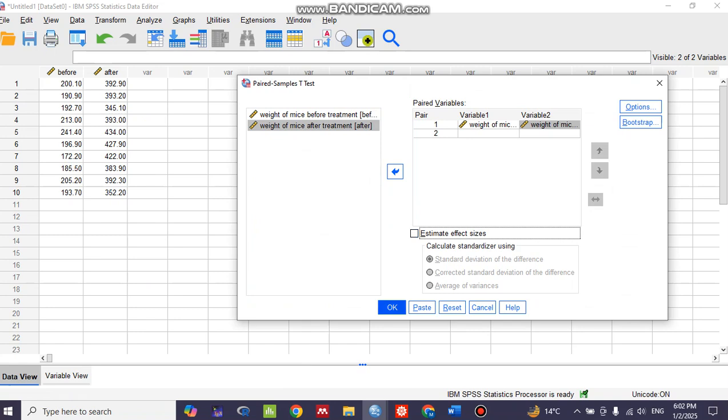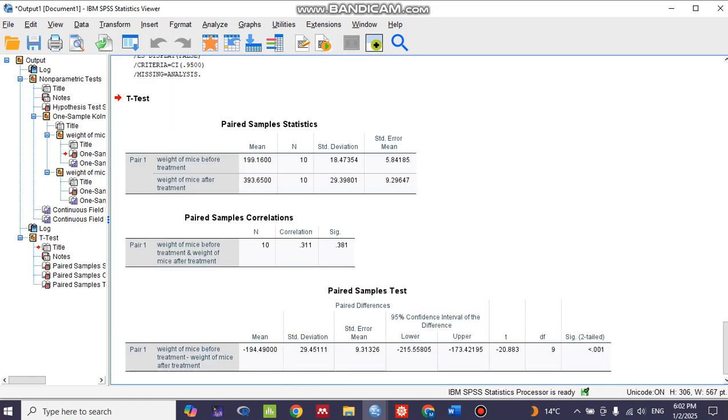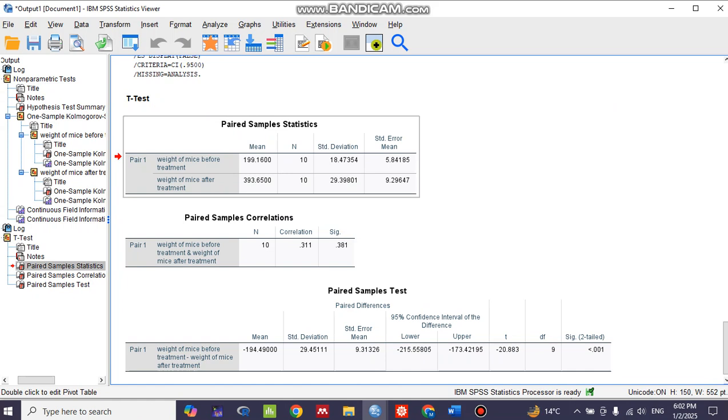So I press OK. So these are the outputs for paired sample t-test. The first table gives you the summary of the data: the average weight of the mice before treatment was 199 grams with a variation of 18 grams. And the weight of mice after the treatment has increased to 393 grams with an average variation of 29 grams.